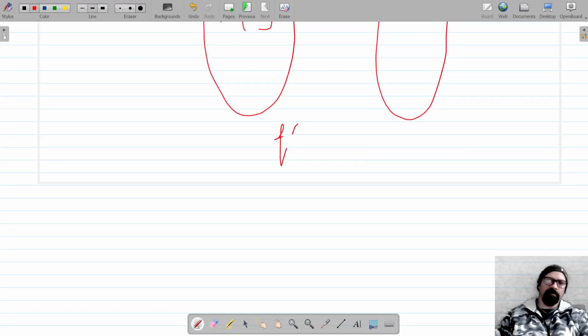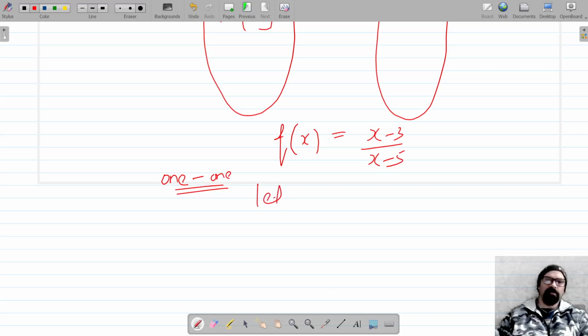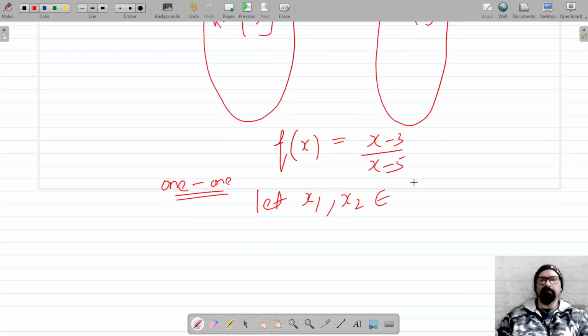So our function is f of x is equal to x minus 3 upon x minus 5, and let's check it for 1-1. So let's say there are two different inputs x1 and x2 that belong to the set A, that is, all real numbers except 5.